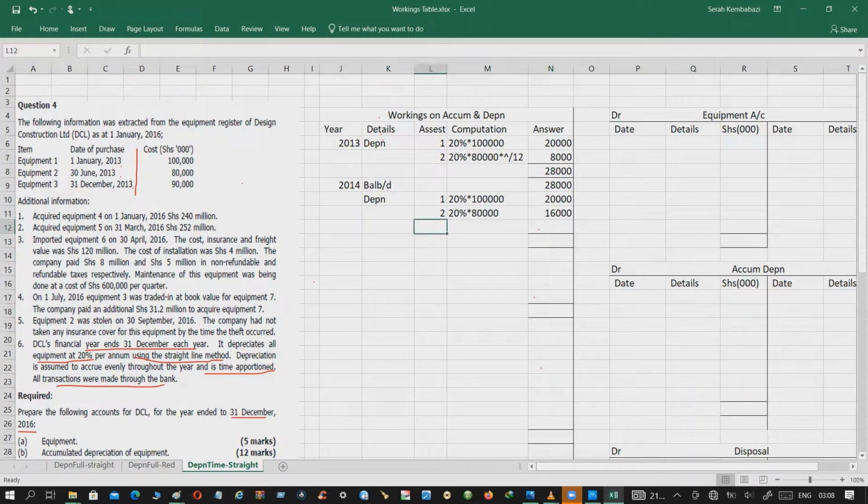So this time around it will be 16,000. Then we'll also bring in equipment 3 and accord it full year depreciation because in 2014 we had it for the whole year. When we compute, we'll have an answer of about 18,000. And when you total up, you have a total of 82,000. So that will be our new opening balance at the start of 2015.